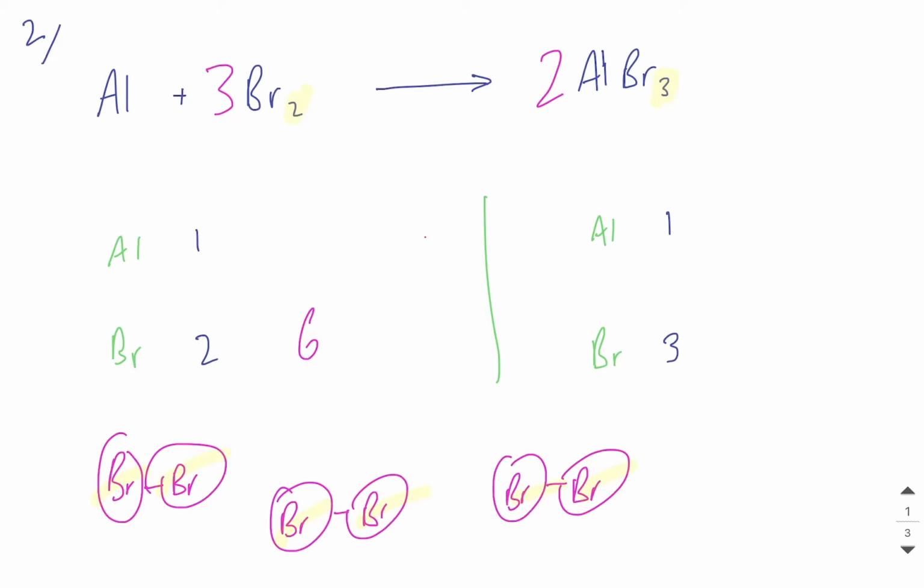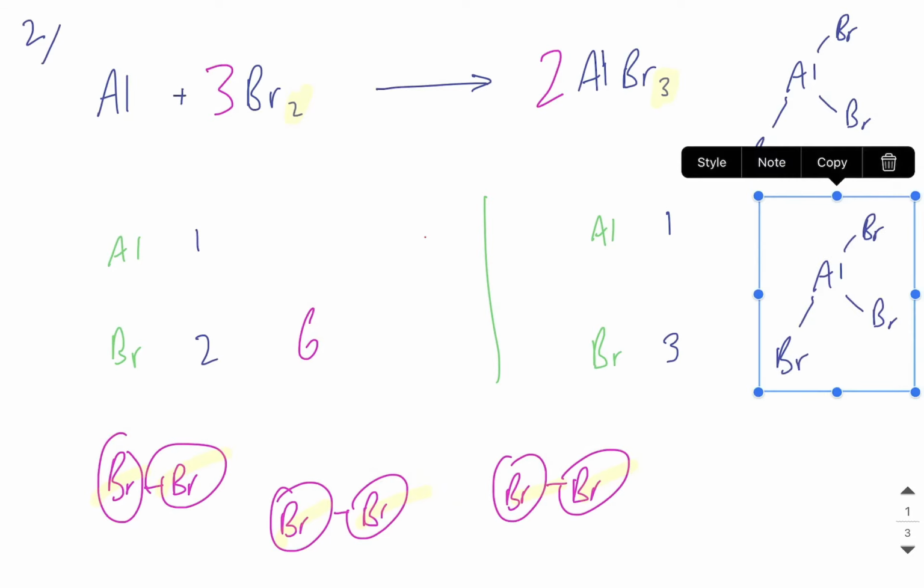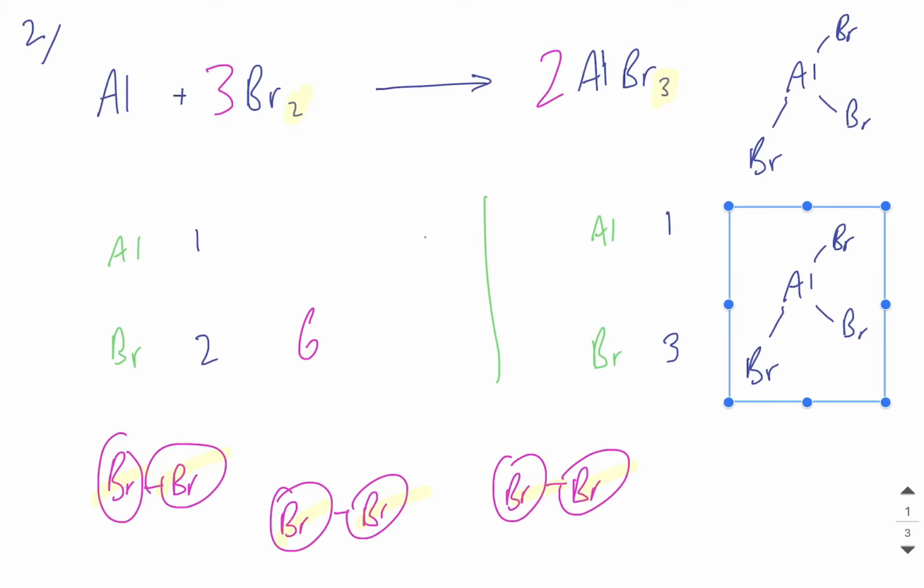I've got 2 of those whole AlBr3 molecules. So aluminium, bromine, bromine, bromine. I've got 2 of those molecules. That's what that big pink 2 means. So I've got 2 of these whole molecules now, which means that I've got 1, 2, 3, 4, 5, 6 bromines. So on the right hand side, I don't have 3, but I have 6.